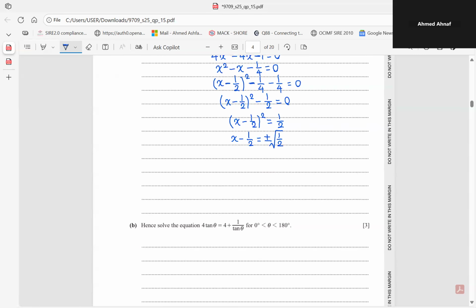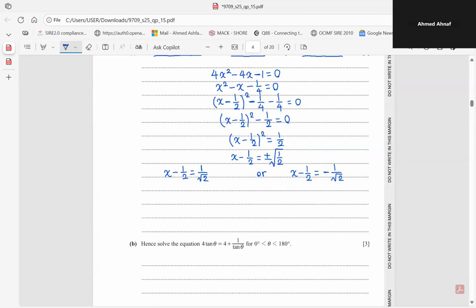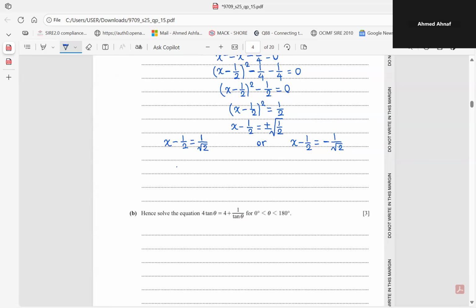So let's write the positive solution first. So x minus half is equal to the positive square root of half. So this is just 1 over square root 2, or a negative square root. So this is just minus 1 over square root 2. All right. Now let's just add half to both equations.